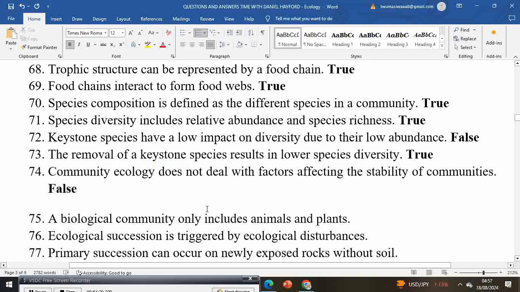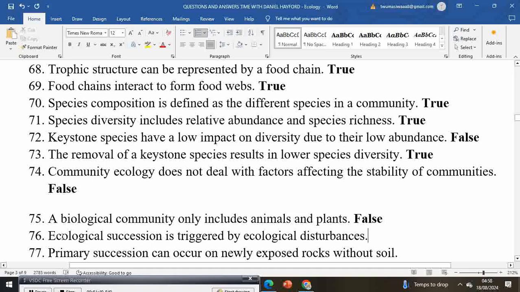Question number 75. A biological community only includes animals and plants. This one is a false statement. So a biological community does not include only plants and animals.